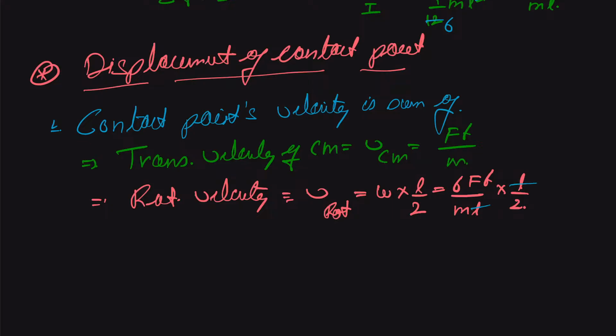Here this length and 6 goes by 3, therefore it will be coming as our 3 Ft divided by m.